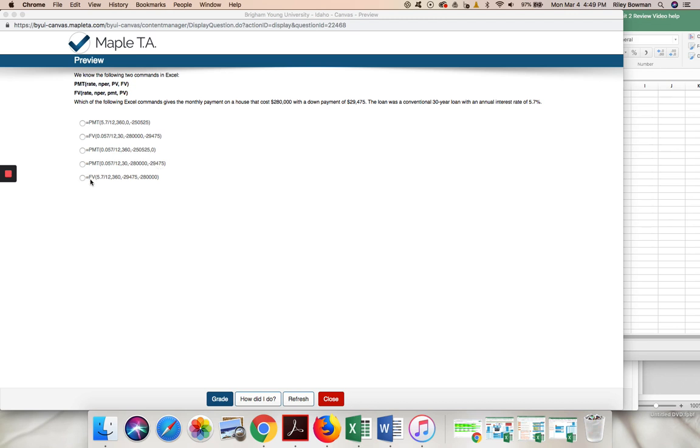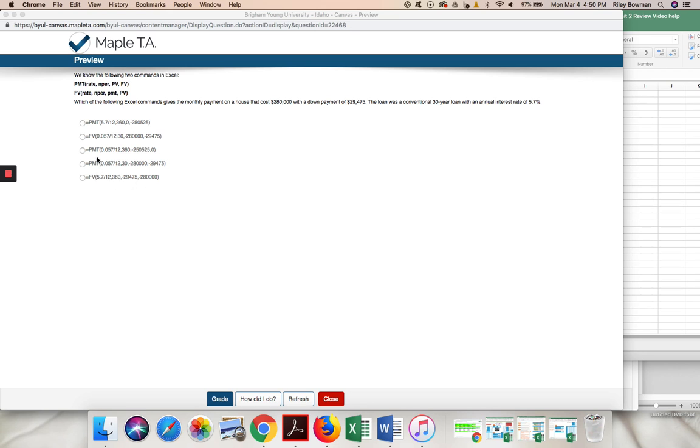The last one is another future value, which is about moving the decimal over, 570% divided by 12. The divide by 12 is right. The 360 says that it's 12 times 30, which is good. And then the payment they have here is making monthly payments of 29,475 for a present value of 280,000. So that's what this one is stating.